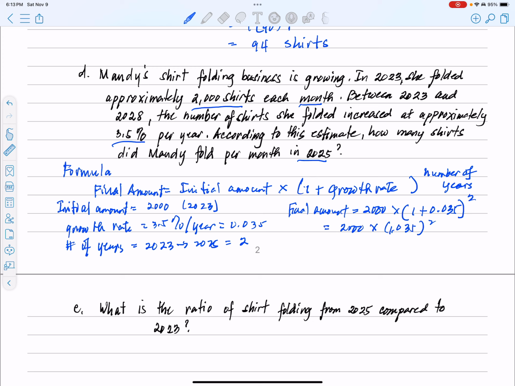Okay, using the calculator, multiply 1.035 to the second power times 2,000. You approximately get the value of the final amount as approximately 2,142.45.